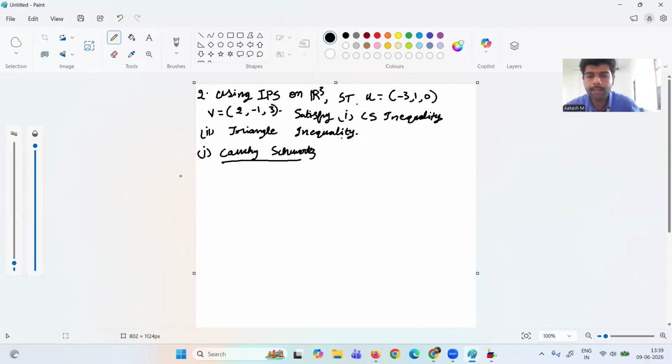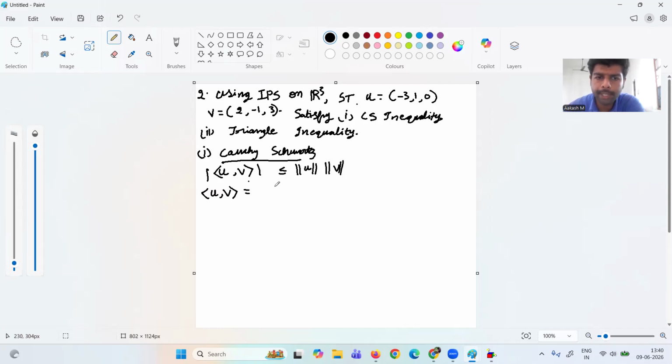What is the Cauchy-Schwarz inequality? That is note 3. The modulus of the inner product of u comma v is less than or equal to the norm of u times the norm of v. So first just find the inner product of u comma v.